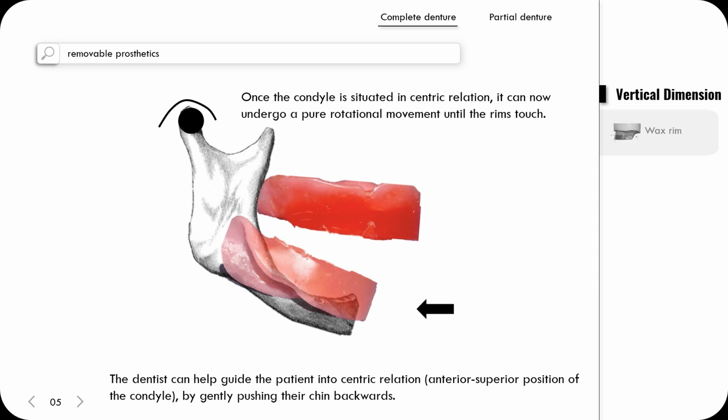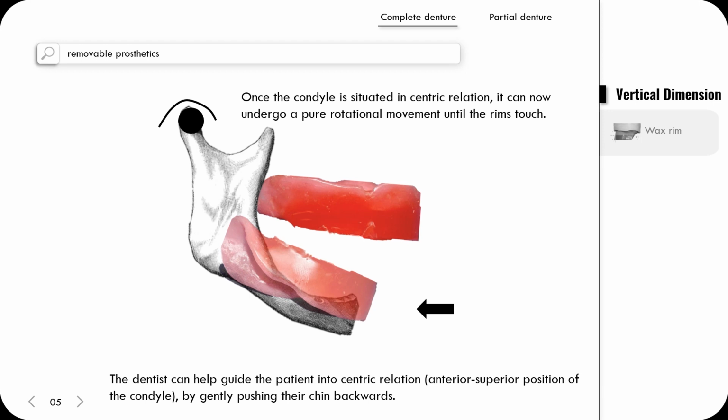But if you pick the endpoint position and say, I'm just going to extend my arm straight, so it's 180 degrees, well, that's really repeatable because that's an endpoint position that you can go to every single time. That's the same concept with putting the condyle in the most anterior superior position, also known as centric relation.